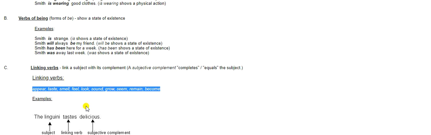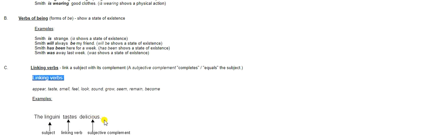Now, some of these you might think are action verbs, and you would be correct. So let me explain. Here are some examples of these words working as linking verbs. The linguine tastes delicious. Okay? So basically, if you can replace this word with an equal sign, the linguine equals delicious.